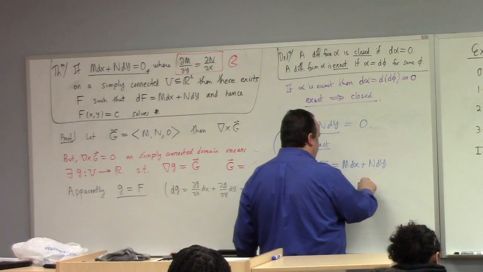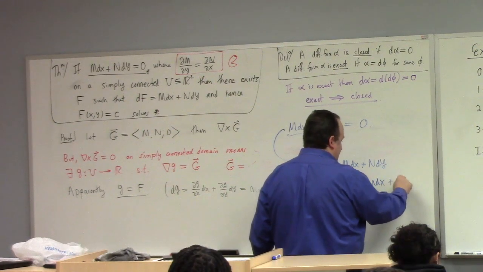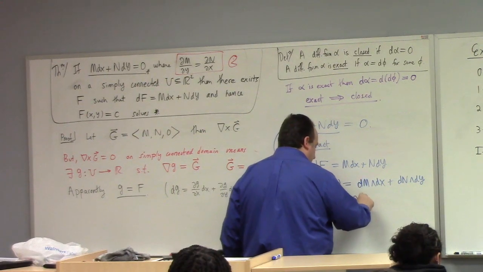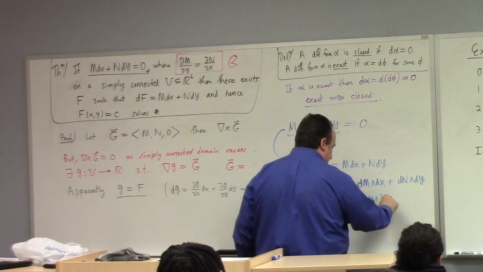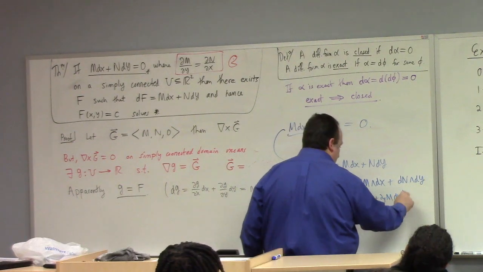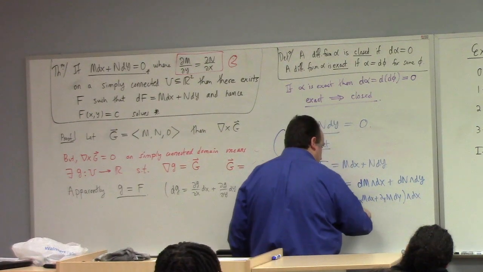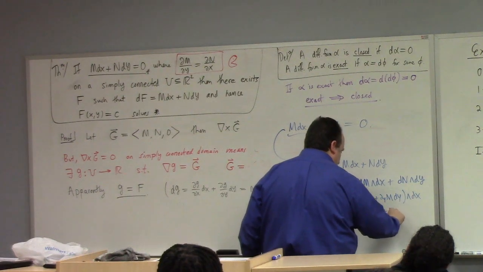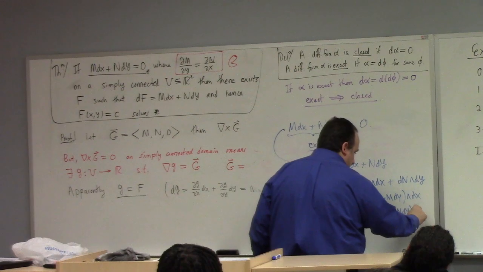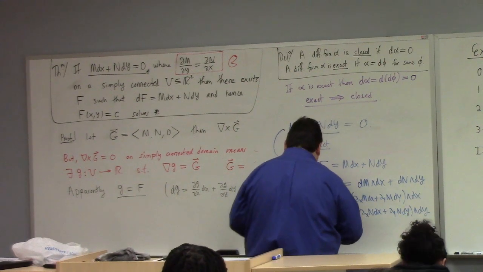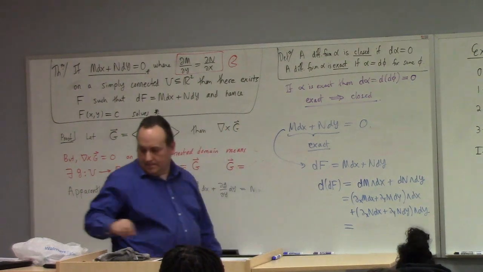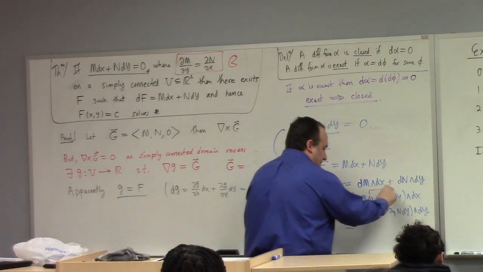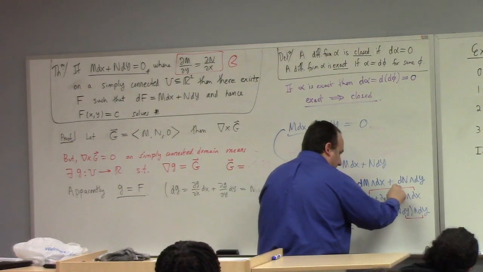It's equal to dM wedge dx plus dN wedge dy, which is, in this case, partial x M dx plus partial y M dy wedge dx, plus partial x N dx plus partial y N dy wedge dy. And what's that work out to? So dx wedge dx is 0, dy wedge dy is 0.